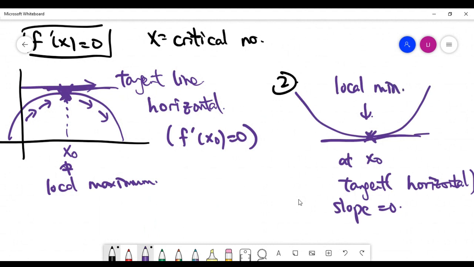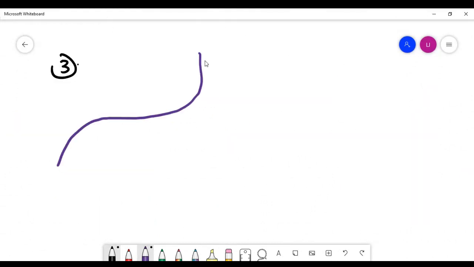Let's imagine other scenarios where you can get a critical number such that f prime is 0. Please look at the current picture. If you imagine that you're traveling along this line, you keep going up all the time. However, at this particular point, you're actually traveling in the horizontal direction.